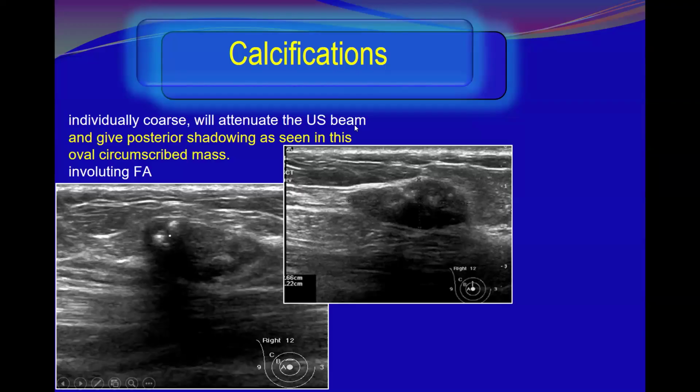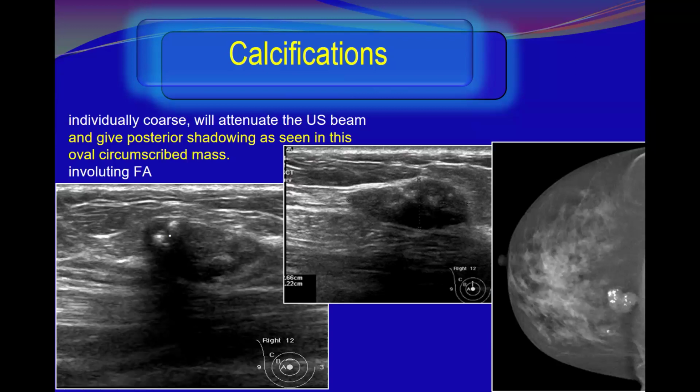But what is the difference between the two images? The calcification here demonstrates shadowing, while this part of calcification is without shadowing. What does it indicate? That this is macrocalcification or coarse calcification, and this is fine calcification.